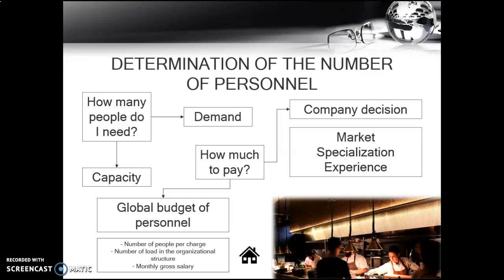To determine if this salary can be covered by the project, it is necessary to calculate the global personnel budget. For this, it is important to have the following information: number of people by position in the organizational structure, and monthly gross salary.